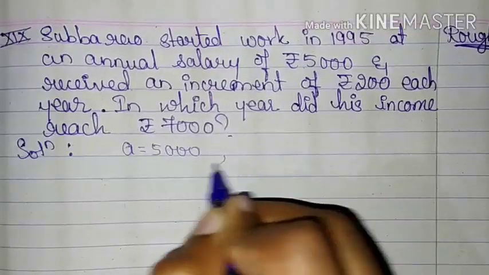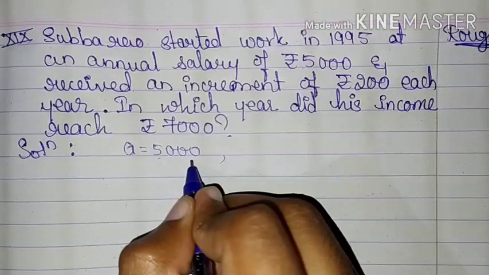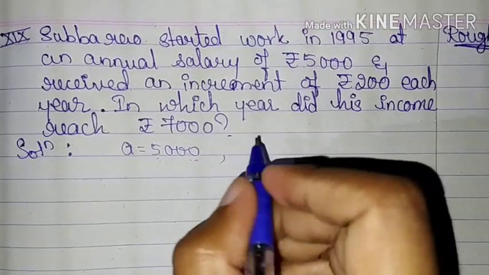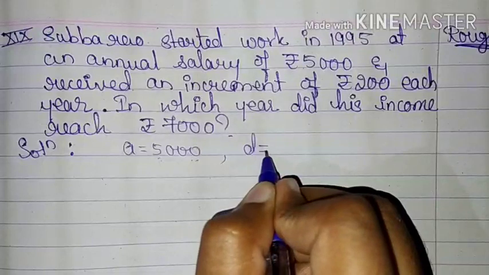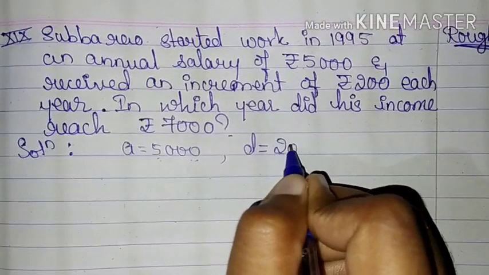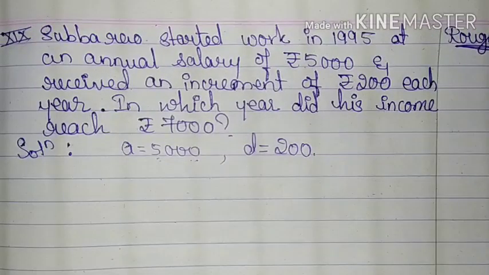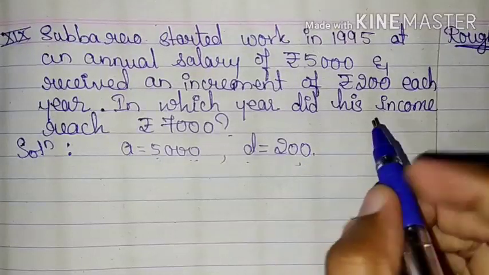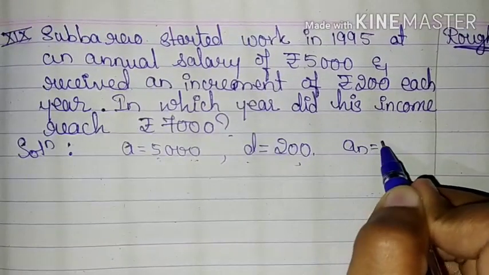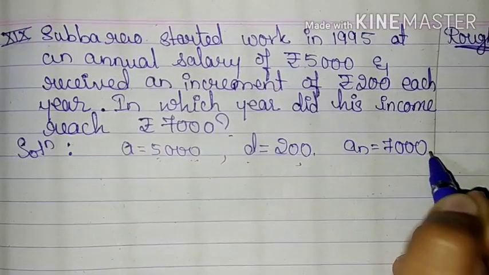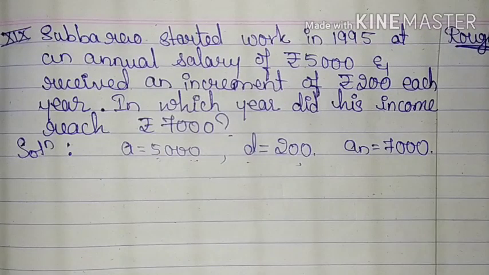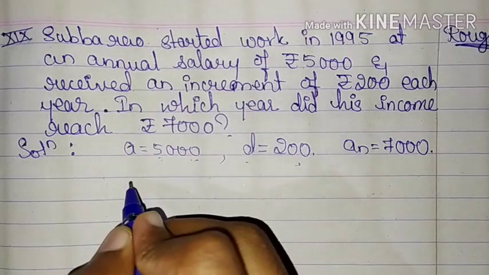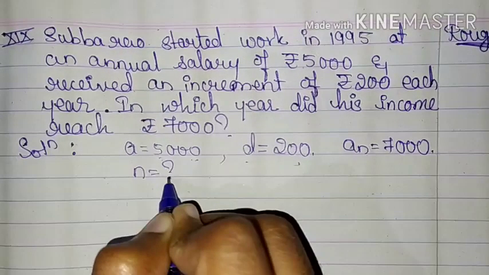He started with the salary of 5,000 rupees. So that is our first term. Then he received an increment of 200 rupees. That is our common difference D. 200 rupees is added every year to his salary. So D is 200. And also AN, that is the final salary, is 7,000 rupees. All we have to do is calculate the value of N.